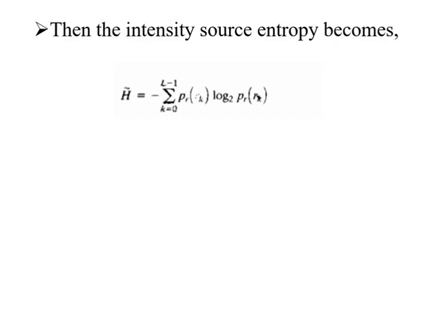Because the base 2 logarithm is used, this is the average information per intensity output of the imaginary intensity source in bits. It is not possible to code the intensity values of the imaginary source, and thus the sample image, with fewer than H bar bits per pixel.